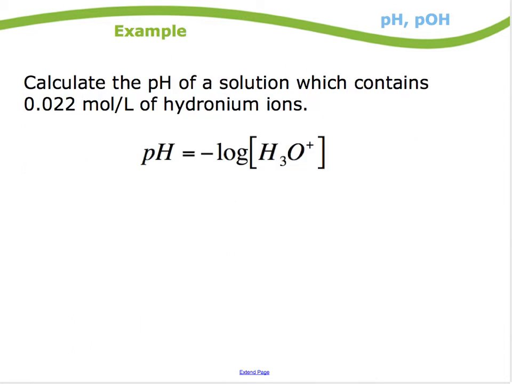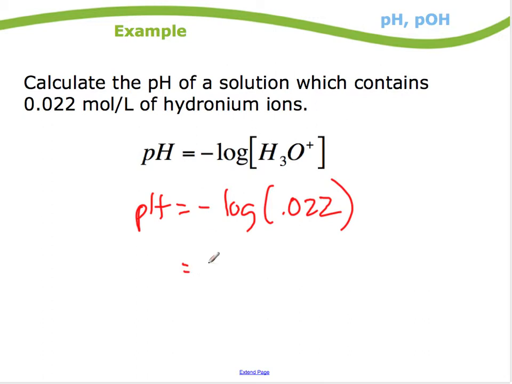Let's try a couple more. Calculate the pH of a solution which contains 0.022 moles per liter of hydronium ions. So pH equals negative log of 0.022 moles per liter. Okay, so negative log of 0.022. Go.